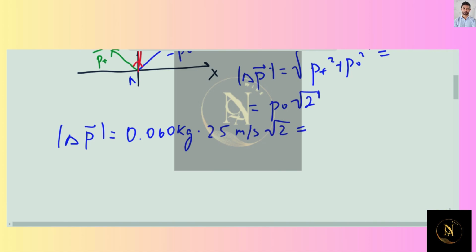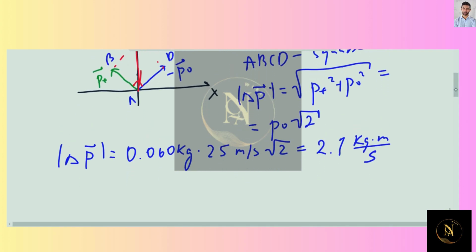So let's calculate this value. It equals 2.1 kilogram meter divided by second. So this is the absolute change of the impulse.